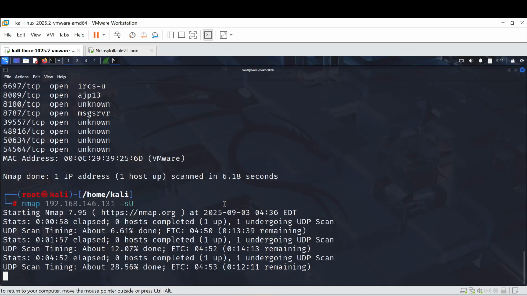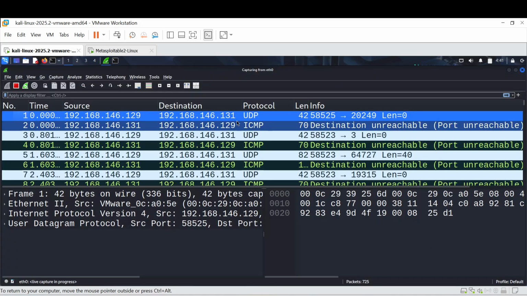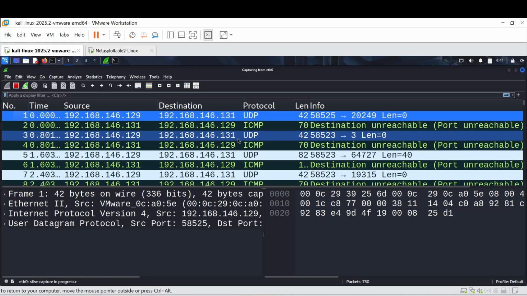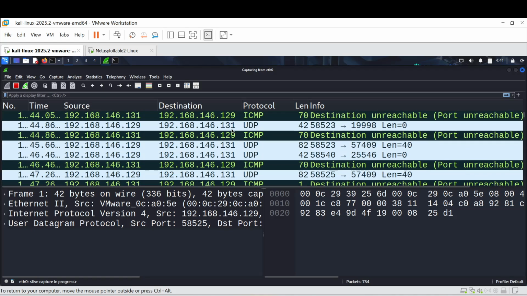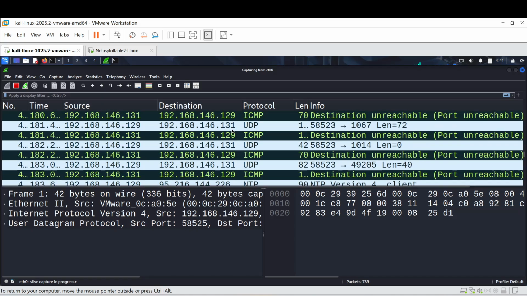So far, you guys can see only 28% scan has been completed. In a continuous manner, it will be sending the protocol in the background. The conversation is going on over there.